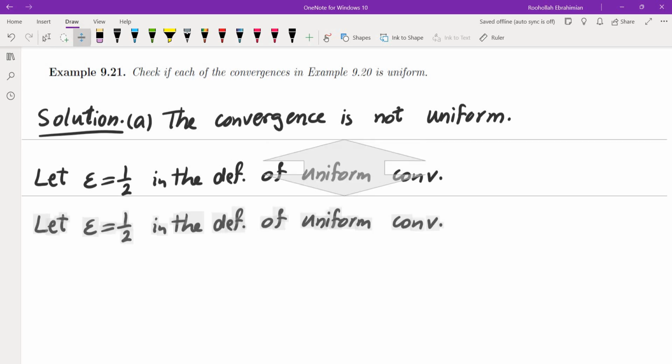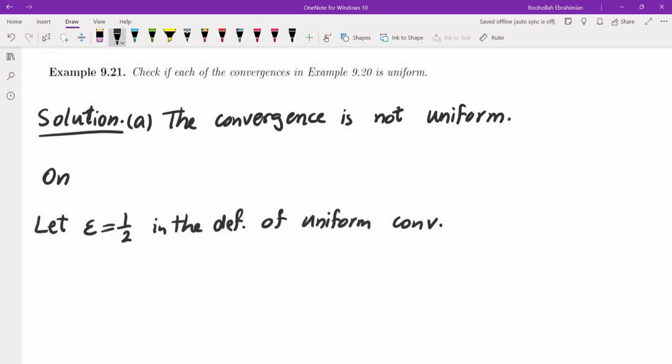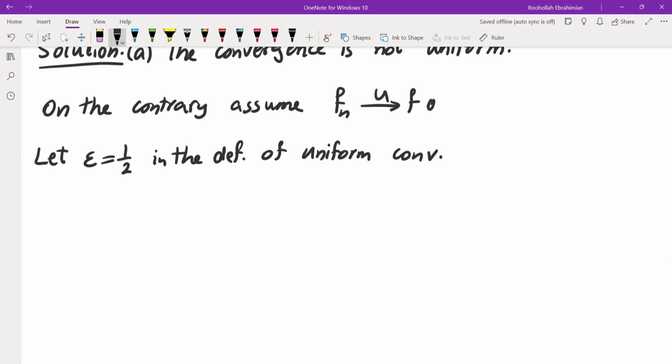Okay, so I'm using proof by contradiction. So on the contrary, assume fn converges to f uniformly on the whole interval 0 to 1.